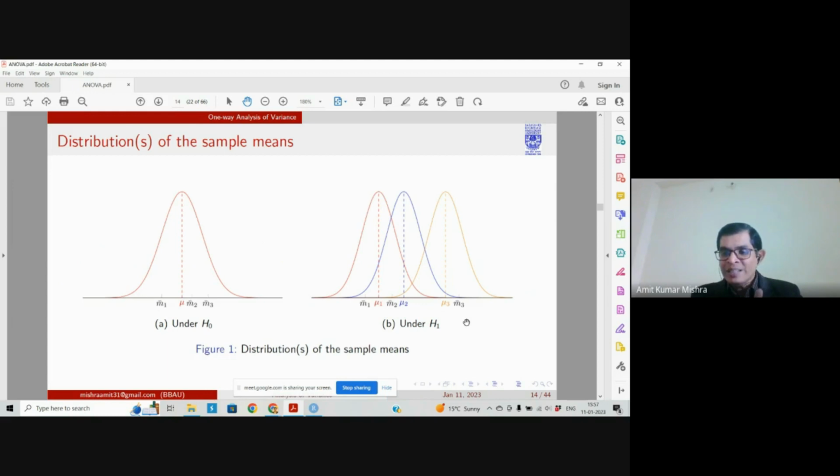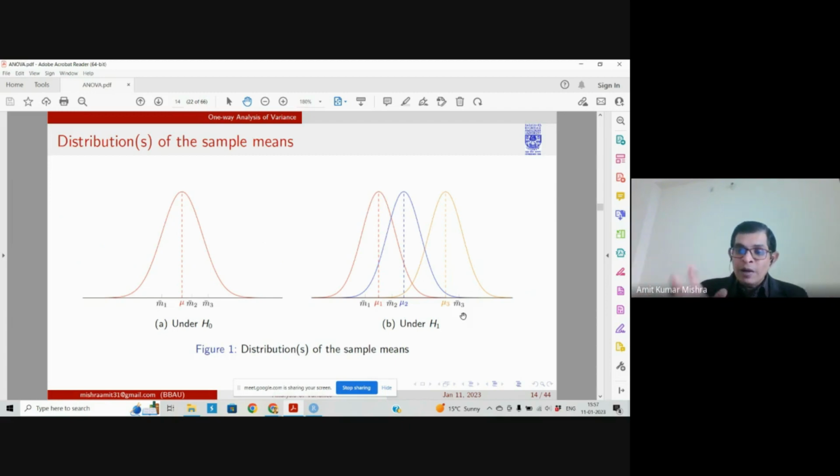You can easily see the difference between M1 bar and M3 bar, the rightmost and leftmost. That difference is not by chance. It is because mu1 is far away from mu3, so M1 bar is far away from M3 bar.